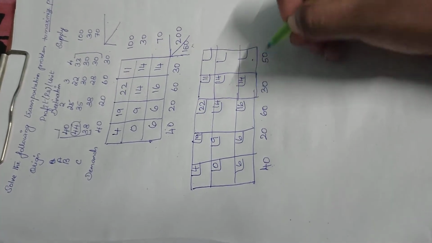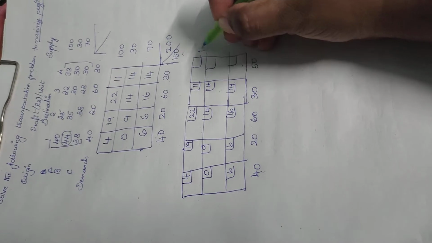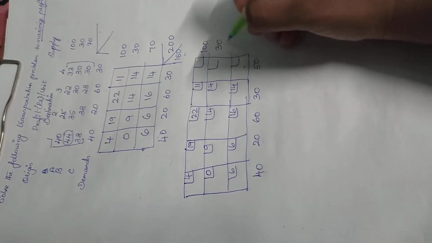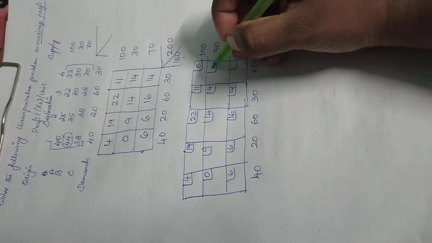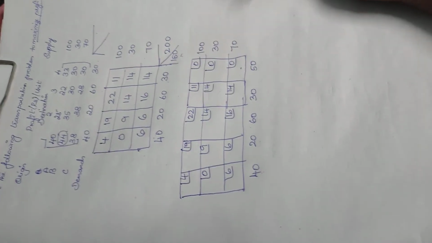I am going to add 50 to make it equal to this 200. Because I have added this, the cost function is going to be 0. So my dummy is ready.